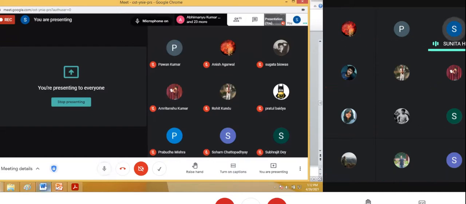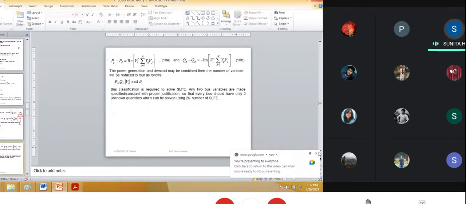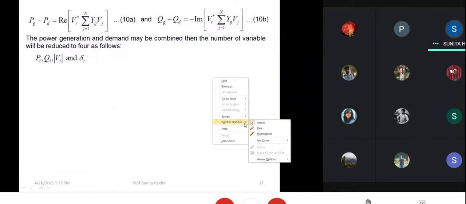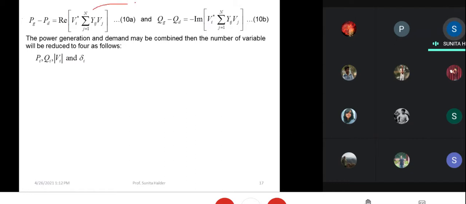So actually in load flow equations, there are n equations for active power and n equations for reactive power, so from here we get a total of 2n equations. But if we make all these 4 variables, then for an n bus system there will be 4n variables. 4n variables cannot be solved using 2n equations.